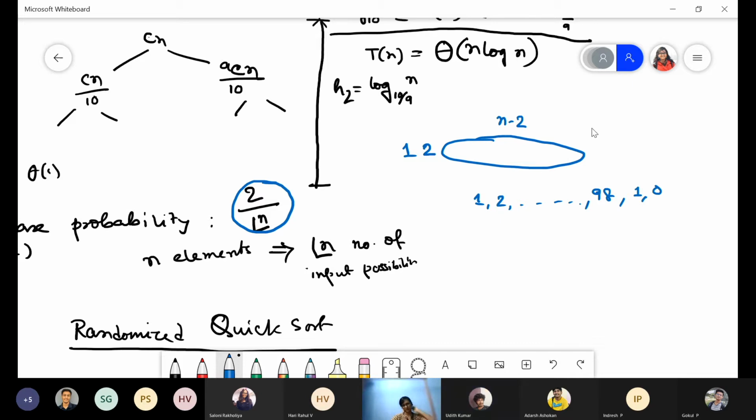Some elements are there which are not in order, and I am taking 1 as my pivot. So when we take 1, it will be placed in this position itself.